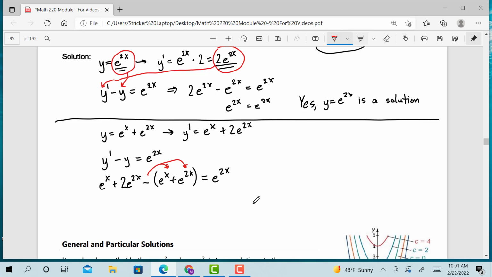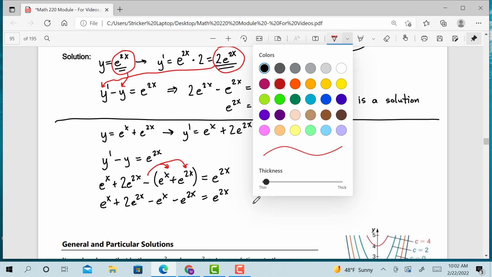Let me go ahead and rewrite that. I have e to the x plus 2e to the 2x minus e to the x minus e to the 2x equals e to the 2x. And first of all, the e to the x's are going to subtract away.